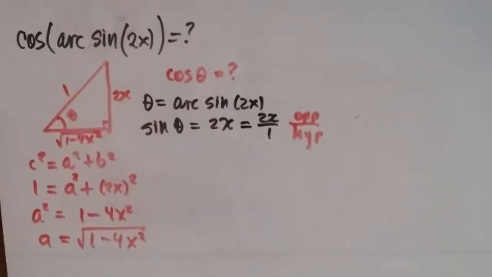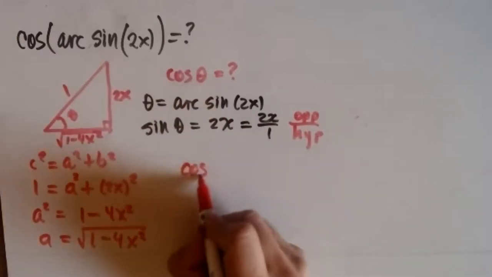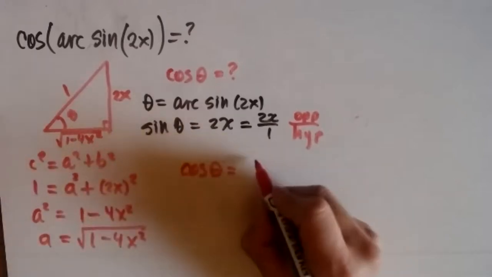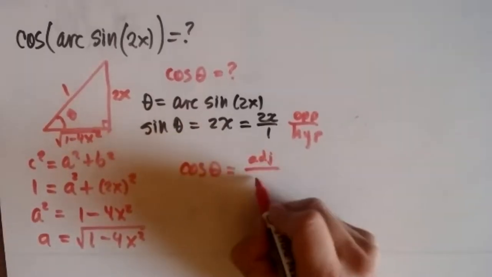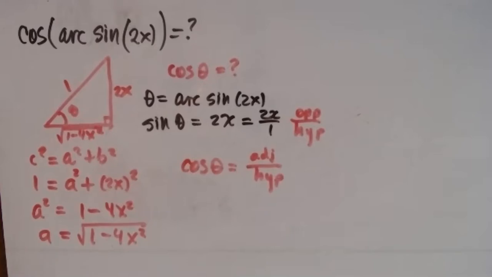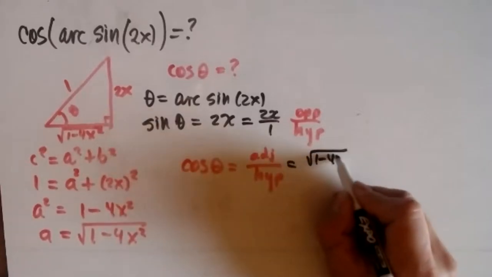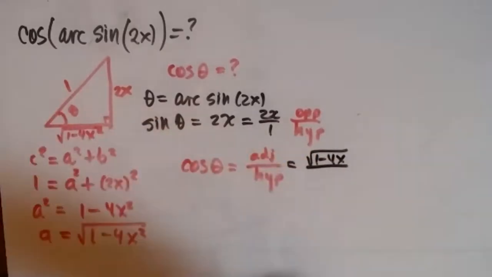Okay, there it is. Now, with these values, I'm going to find the cosine. Cosine of the angle is defined as adjacent over hypotenuse, correct? Okay, who's the adjacent? Oh, the adjacent is this square root I found. So this is going to be the square root of 1 minus 4x squared. Who's the hypotenuse? 1. Okay, there it is.